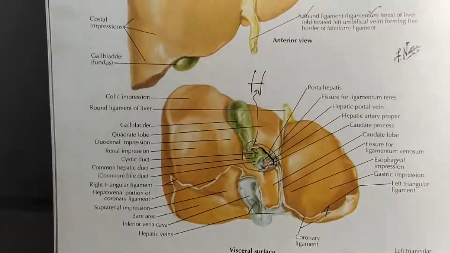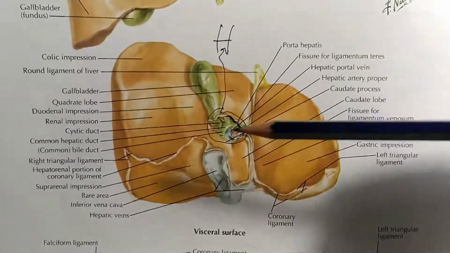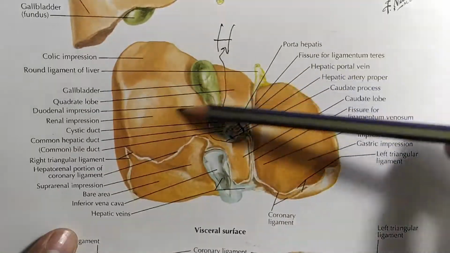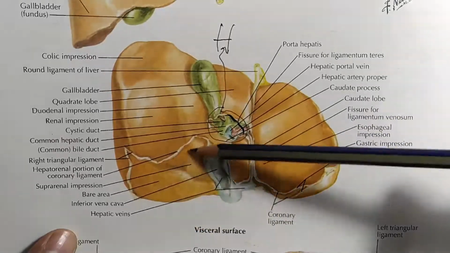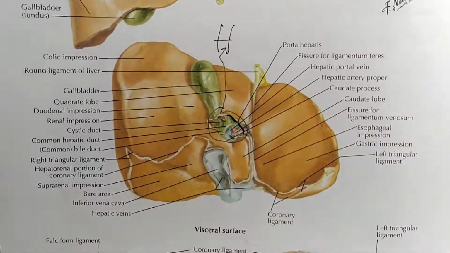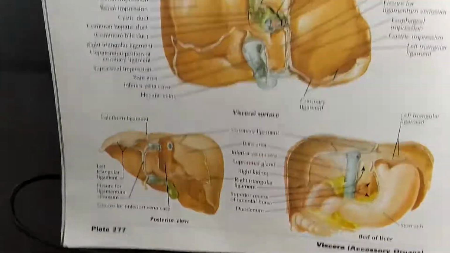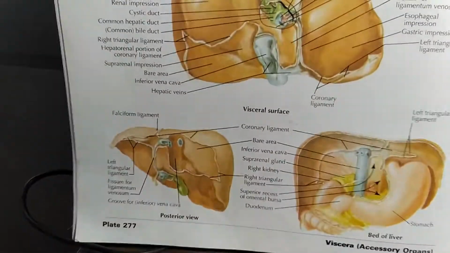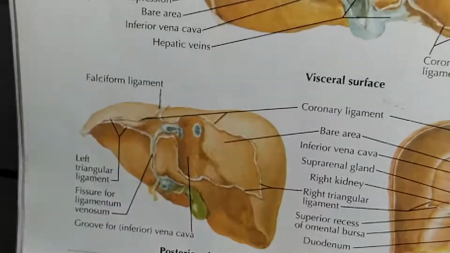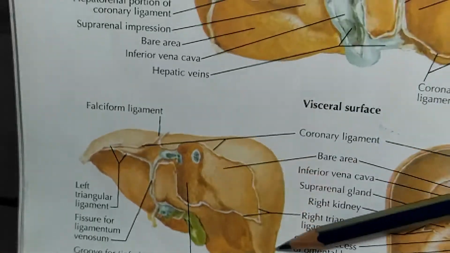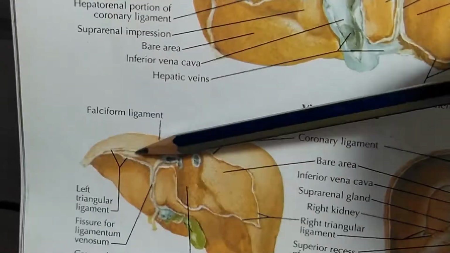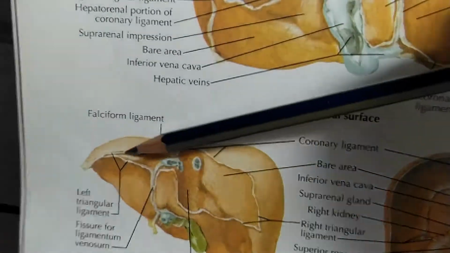This is the inferior surface of the liver, and this is the posterior surface. The posterior surface is nothing but some ligaments and the bare area.